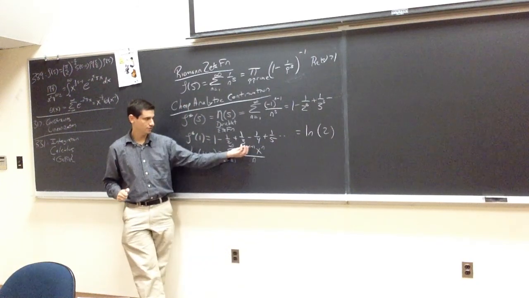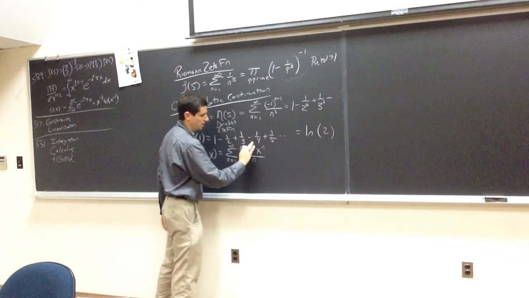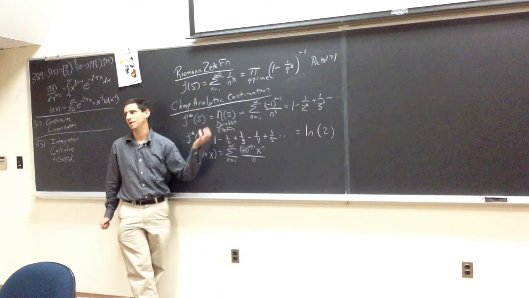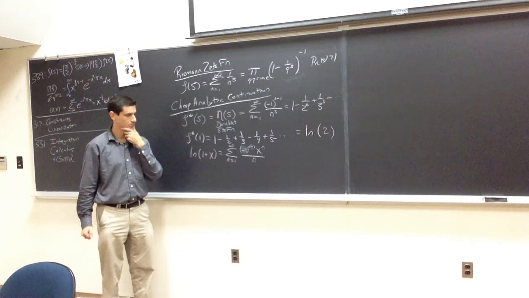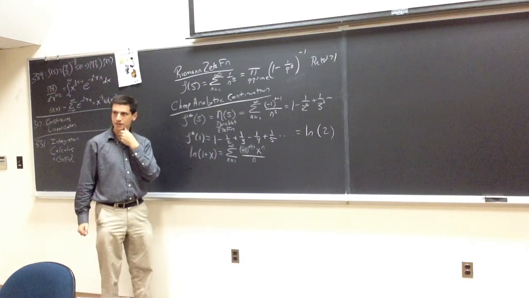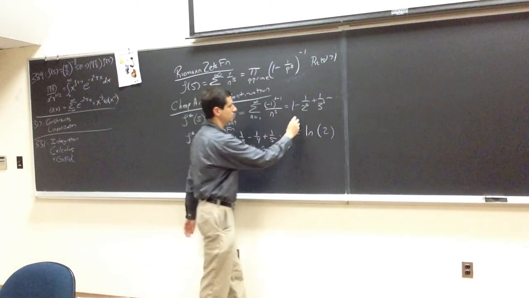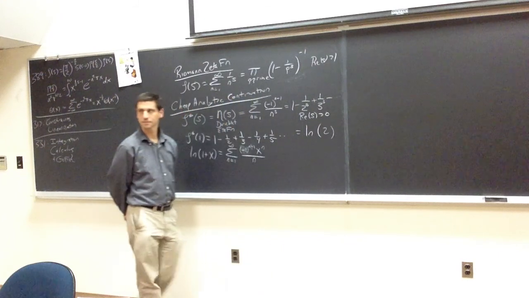And when you have something like this, you can write it either as n plus 1 or n minus 1. It's only going to change the exponent by parity. Doesn't really affect things. So this is the natural log of 2. This is really nice. So as long as the real part of s is greater than 0, we're OK.